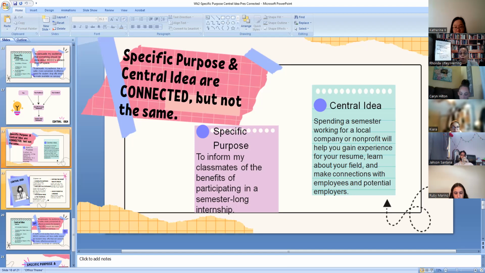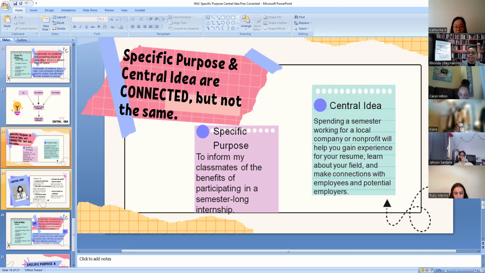The second main point would be spending a semester working for a local company or nonprofit will help you to learn about your field. And then finally, the third main point is spending a semester working for a local company or nonprofit will help you to make connections with employees and potential employers.